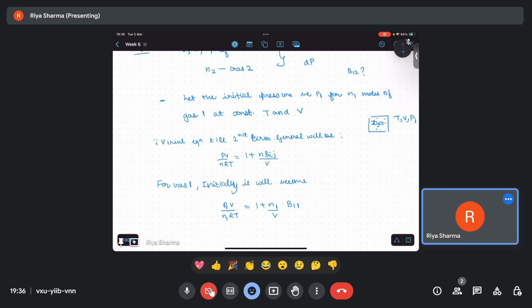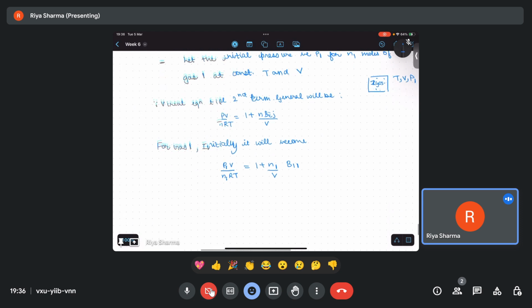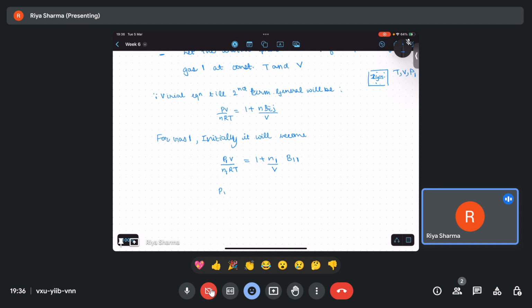Writing in terms of P1, P1 will be equal to N1 RT by V plus N1 square RT B11 upon V square.